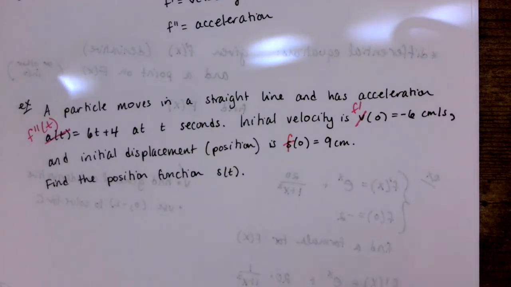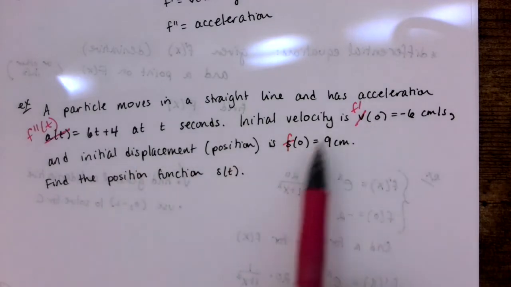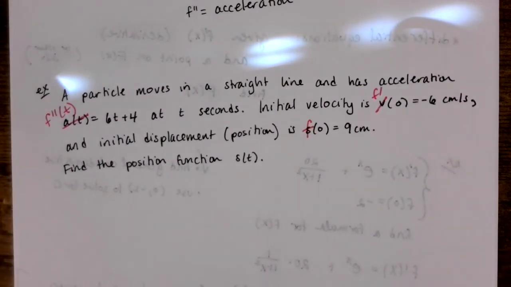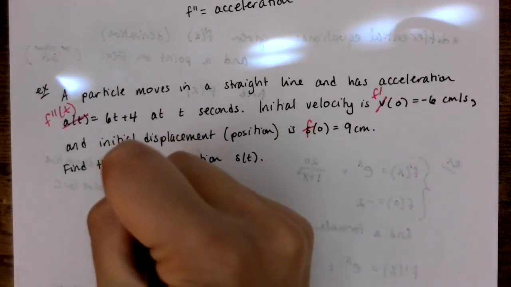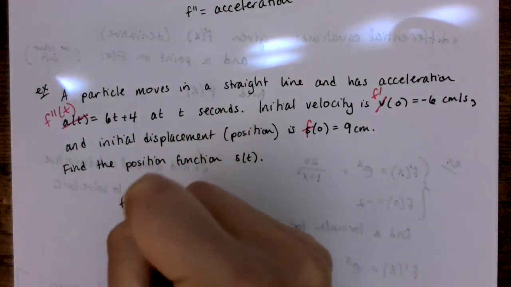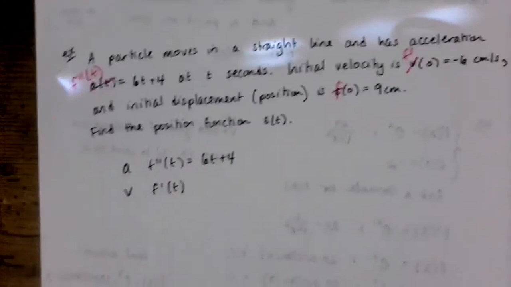So we're going to start with the acceleration formula because that's the only formula we actually have. And then these two pieces of information are helping us just solve for the value of c. All right, so if we know that the second derivative is 6t plus 4, we can go backwards one step. They're calling it acceleration and velocity.